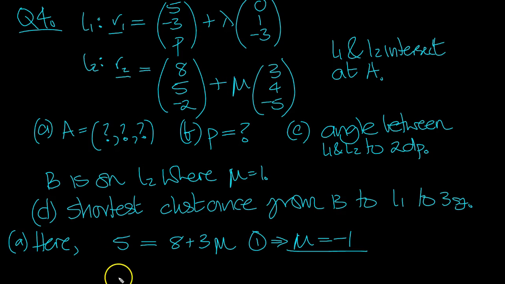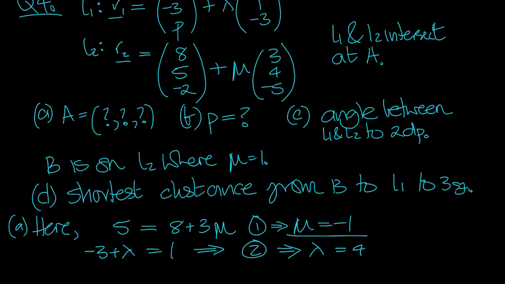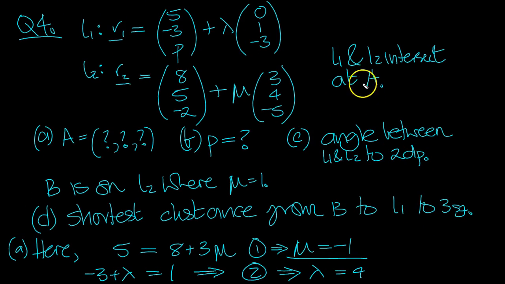Let's just get lambda. So it's minus 3 plus lambda will equal 5 plus 4 mu. So that would be 1, so 2, lambda would be 4. So when you put them in then, for R1, what coordinate would you get for A?